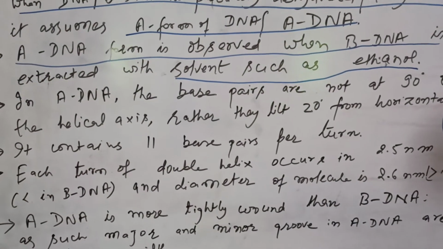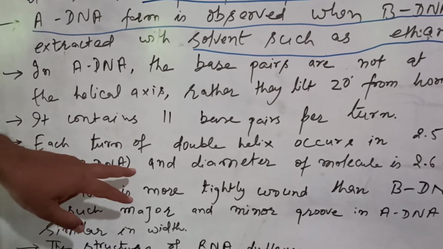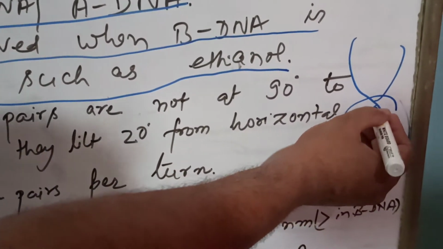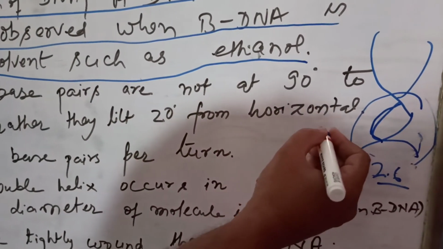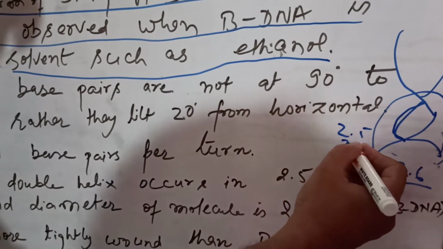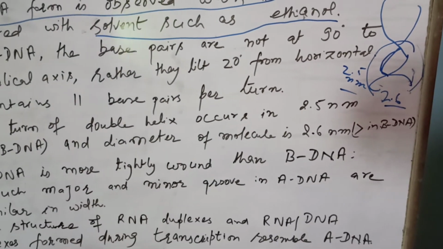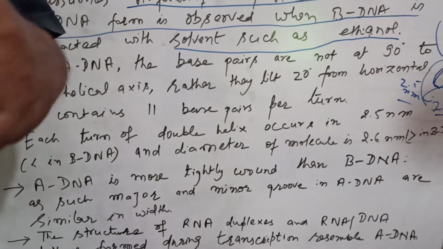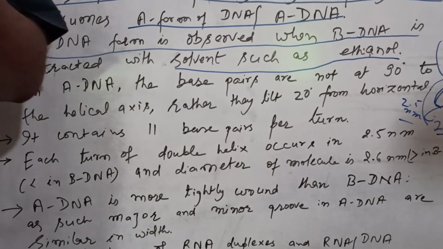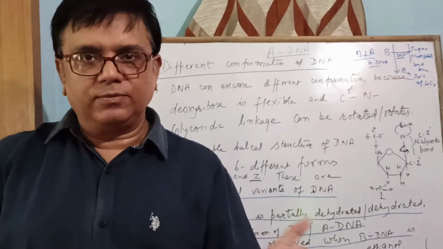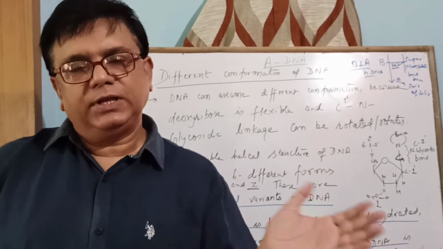However, if you see the turn of the helix, it comes to 2.5 nanometer, which is less than B-DNA, where each turn, that is the pitch, is 3.4 nanometer. So here comes the difference between B-DNA and A-DNA.